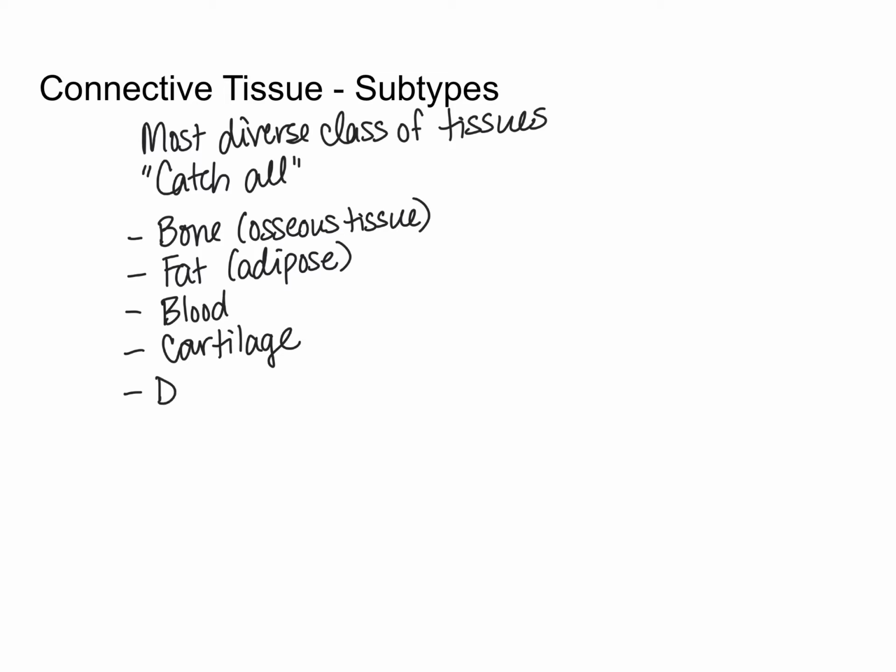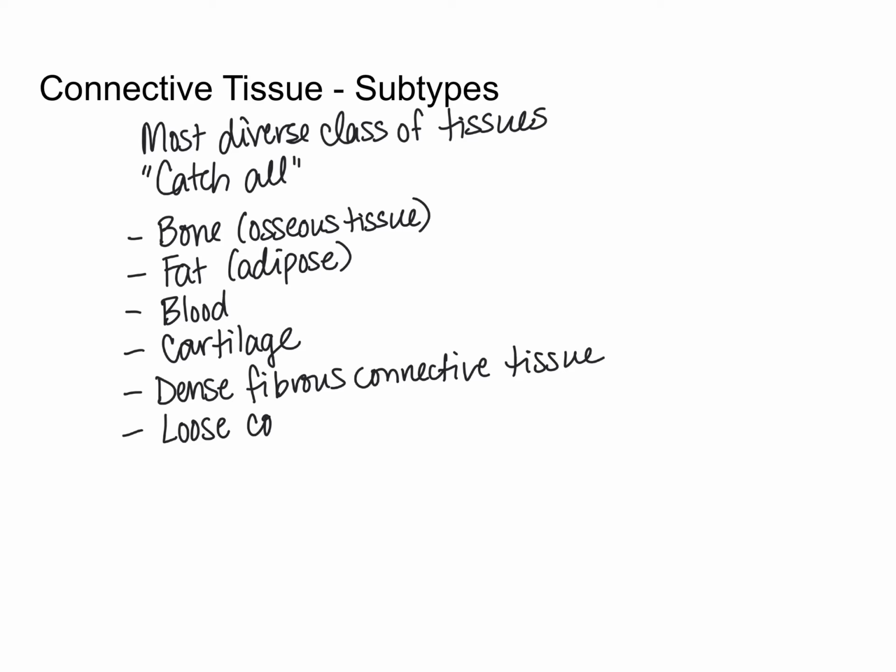You can have dense fibrous connective tissue, and you can have loose fibrous connective tissue or just loose connective tissue. And there are some other subcategories, but those are the main ones that we're going to focus on and look at where they're located and what they do.